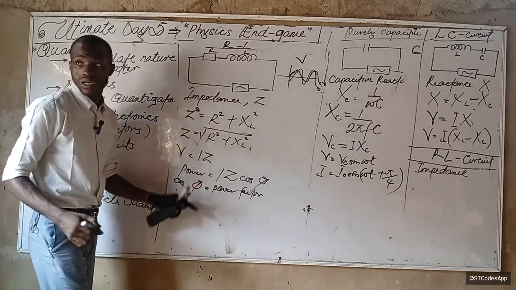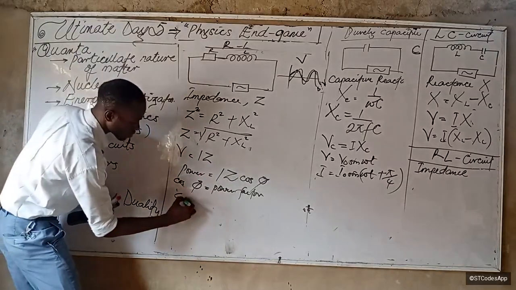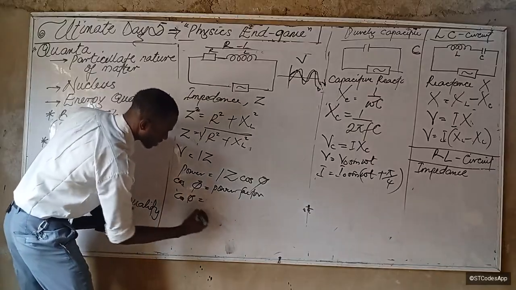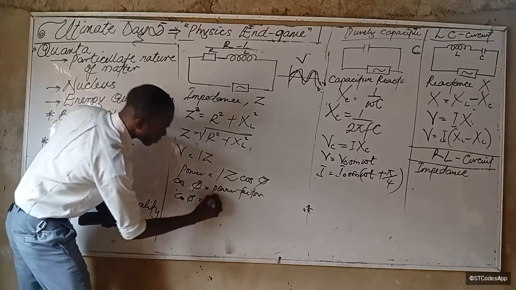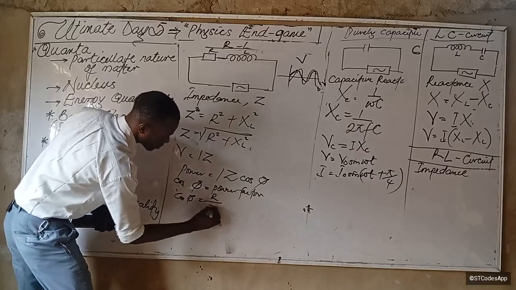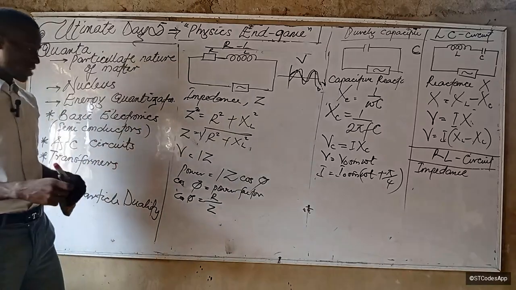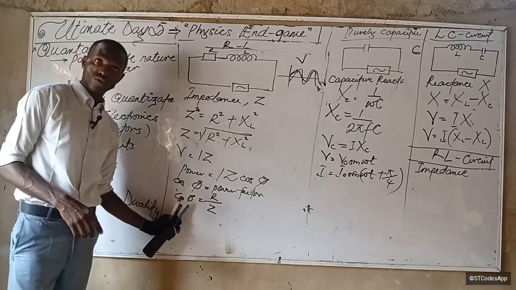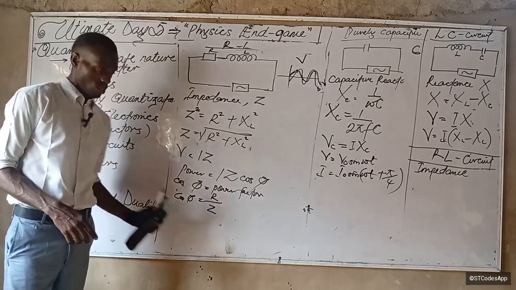Cos phi is known as the power factor. And cos phi is giving us the ratio of, is it Z over resistance or resistance over Z? Resistance over Z. So by the time you take the ratio, you get cos phi, which is an angle too. Is that okay?